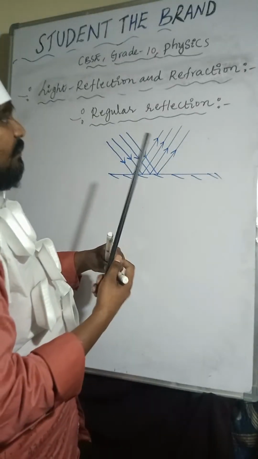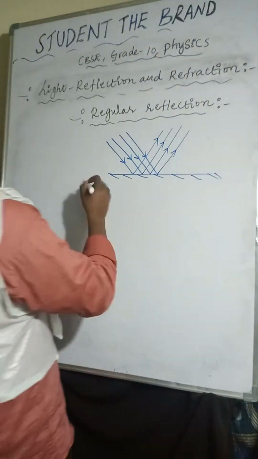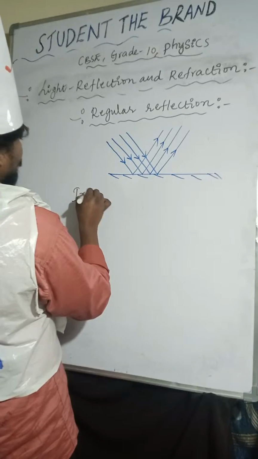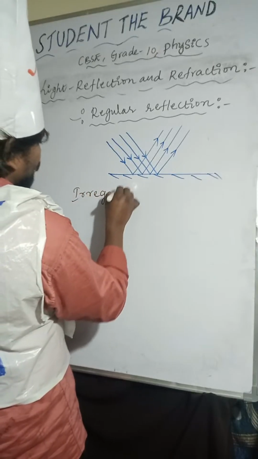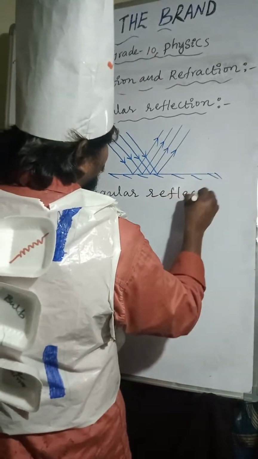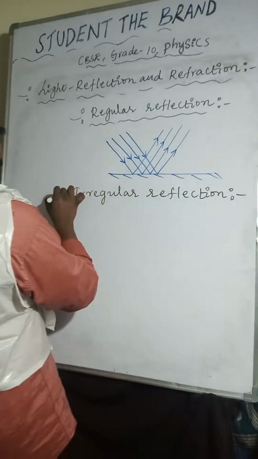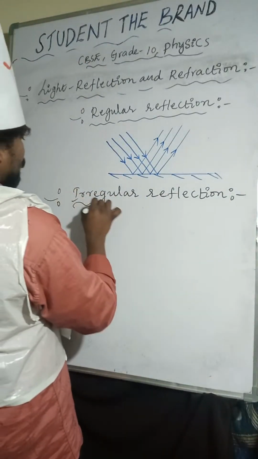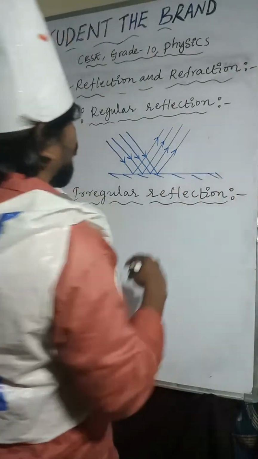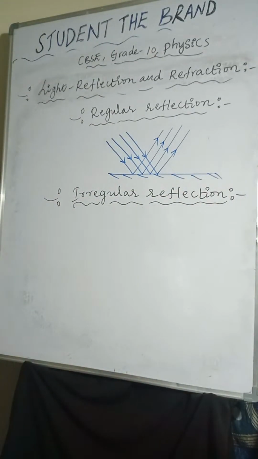Now we will discuss irregular reflection. In irregular reflection, incident light rays are parallel, but reflected light rays are not parallel to each other. Here you can observe this is an irregular surface. These are the incident light rays.